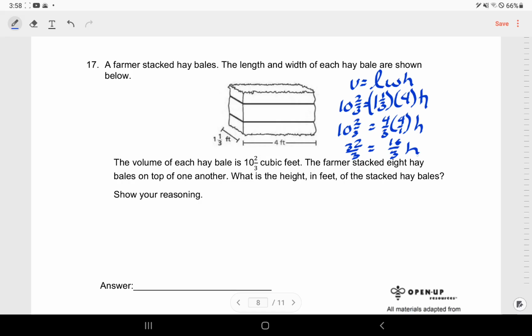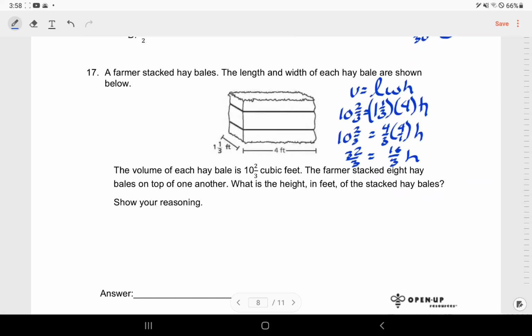Now, to find the height, what is the height in feet of the stacked bales? So I need to find the height of 1 and then multiply it by 8. So in order to do that, I have to divide by the base area, 16/3.